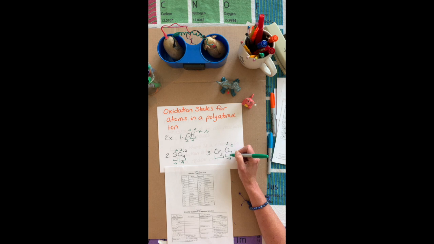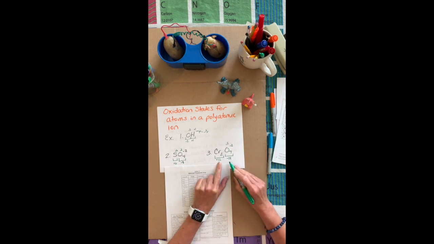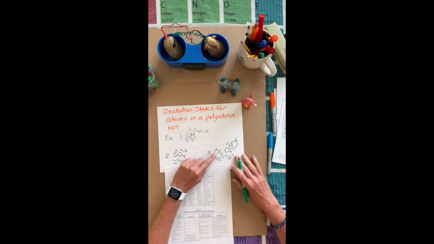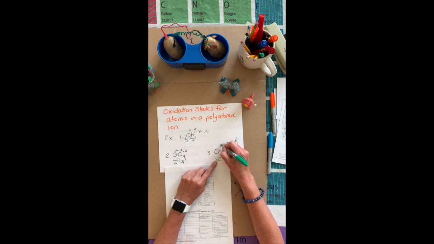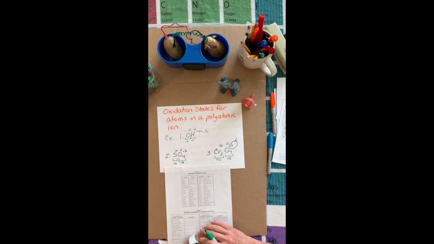Well, chromium, there's 2 atoms of chromium, and this charge must have an overall +12. Why? Because I want an overall -2 charge. I have 2 chromiums. Their oxidation state must equal overall a +12. That makes this a +6.